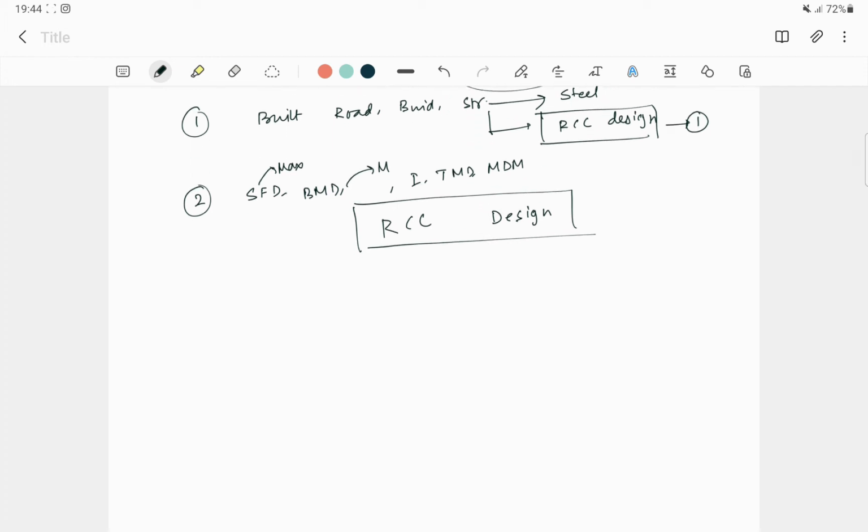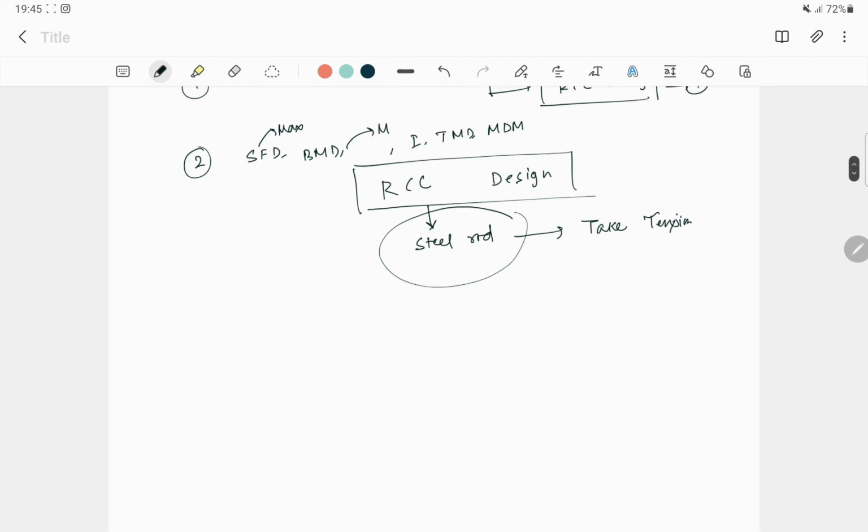In RCC design we have to provide steel rods, and these steel rods take your tension. This steel has two functions: the main steel rod and the stirrup steel rod.